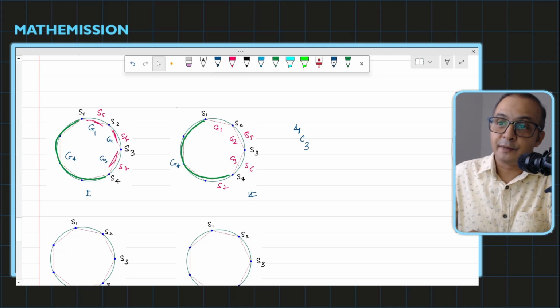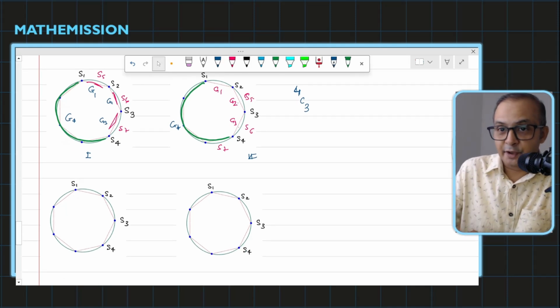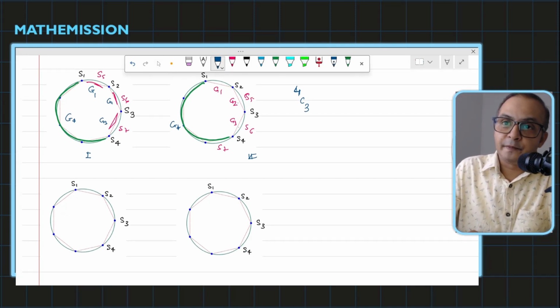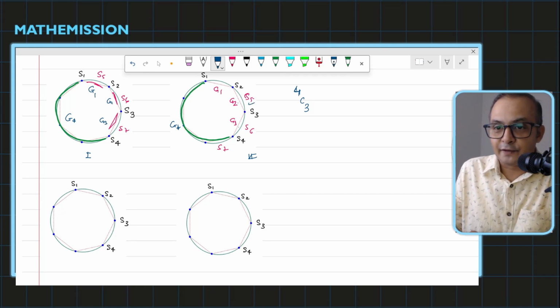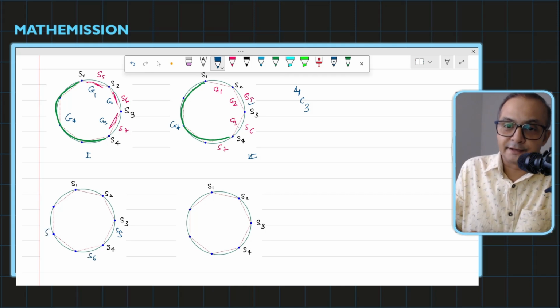And it doesn't matter how many cases you create, because you have taken 4 gaps in this scenario. So we can also place S5 starting from here, then S6 will go here, and S7 and so on.